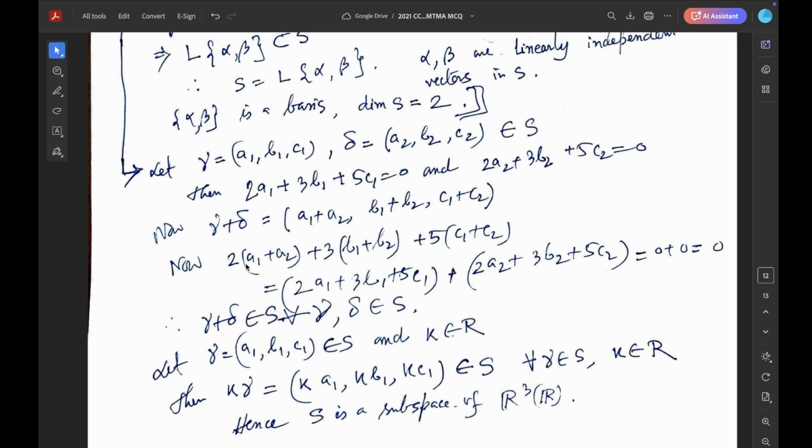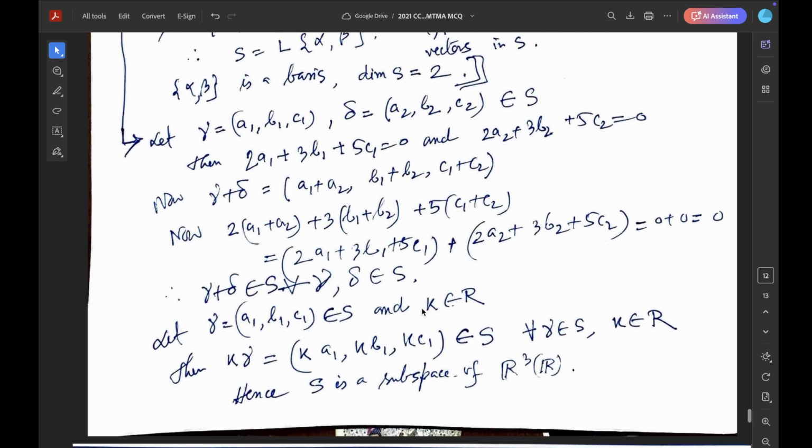Now we check whether 2a plus 3b plus 5c equal to 0 or not for gamma plus delta, and using these results we get 2 times this plus 3 times this plus 5 times this equal to 0. Hence gamma plus delta belongs to S for all gamma, delta belonging to S.